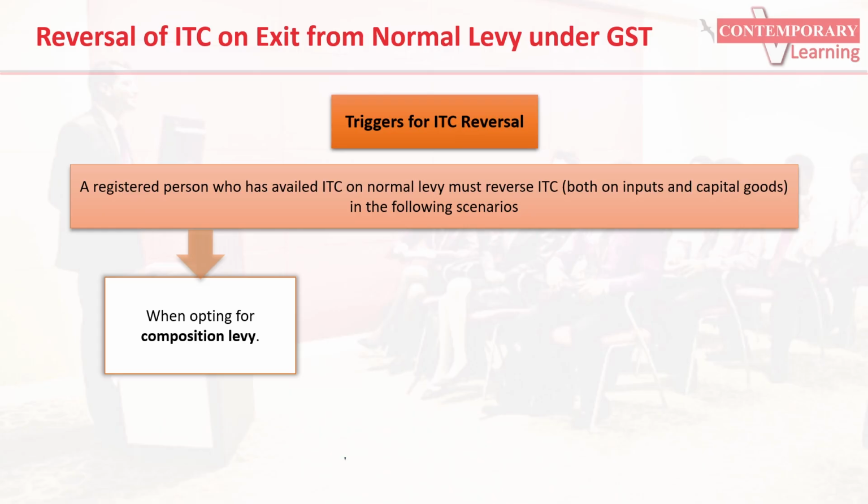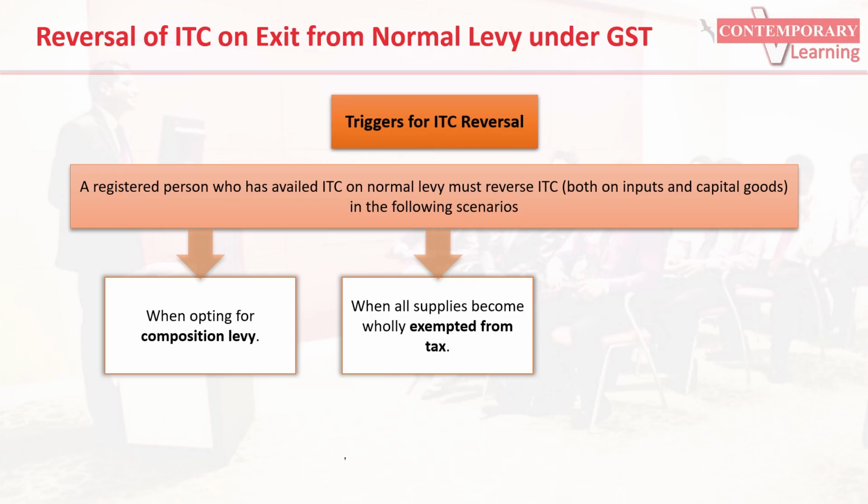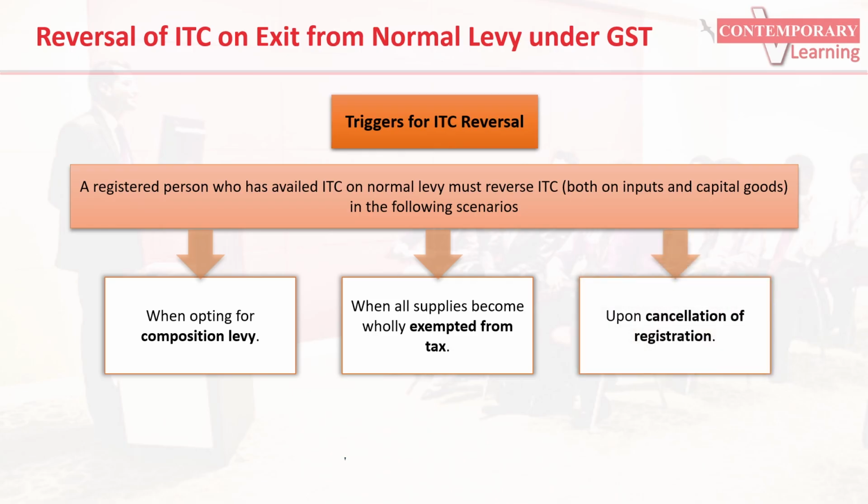You must reverse ITC in three scenarios: when you opt for composition levy, when all your supplies become wholly exempt from tax, or upon cancellation of your registration. This reversal applies to both inputs and capital goods on which you had earlier claimed ITC. The logic is that if you're no longer making taxable supplies, you shouldn't retain the benefit of ITC claimed earlier.